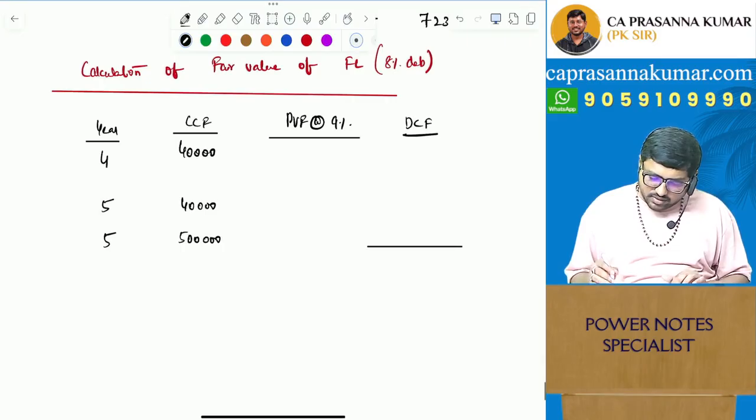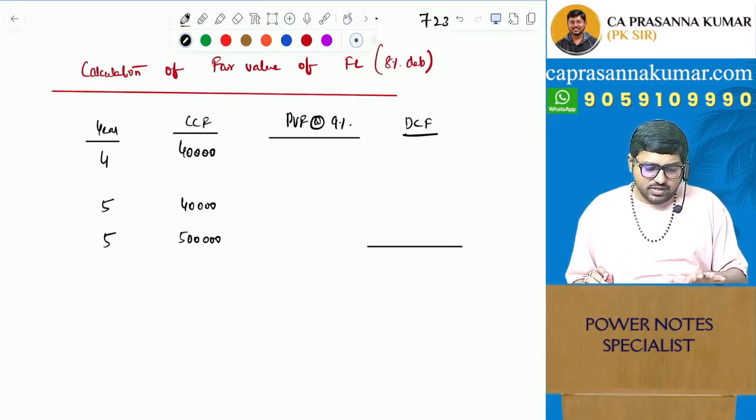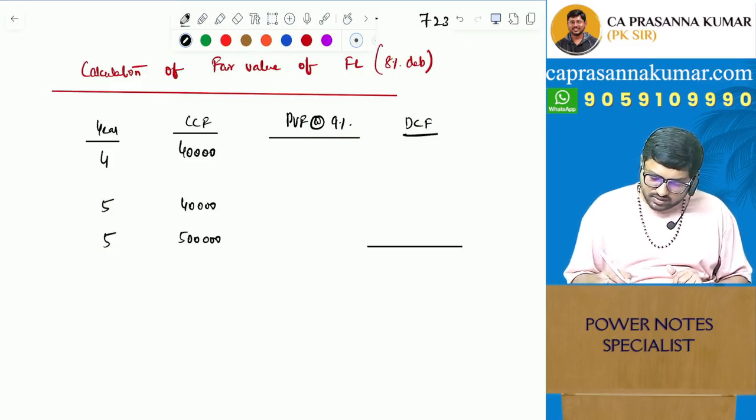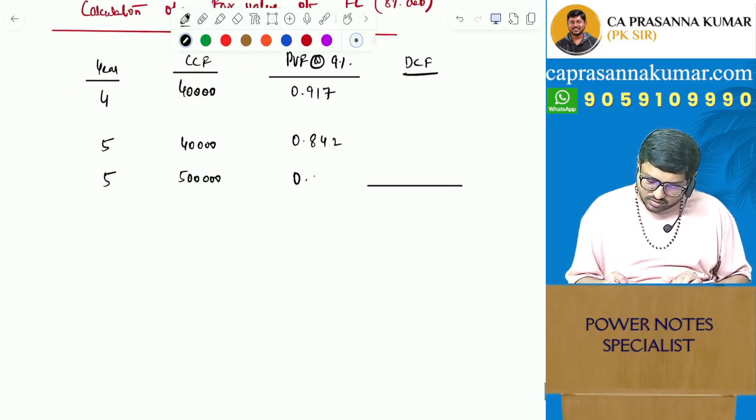Now 9%, so 1 divided by 1.09 is 0.917, then 0.842. This is also 0.842.